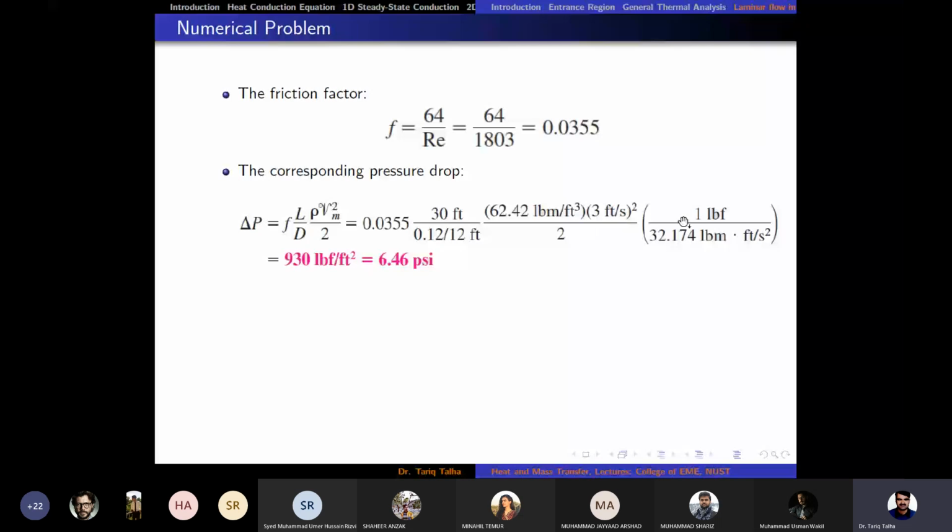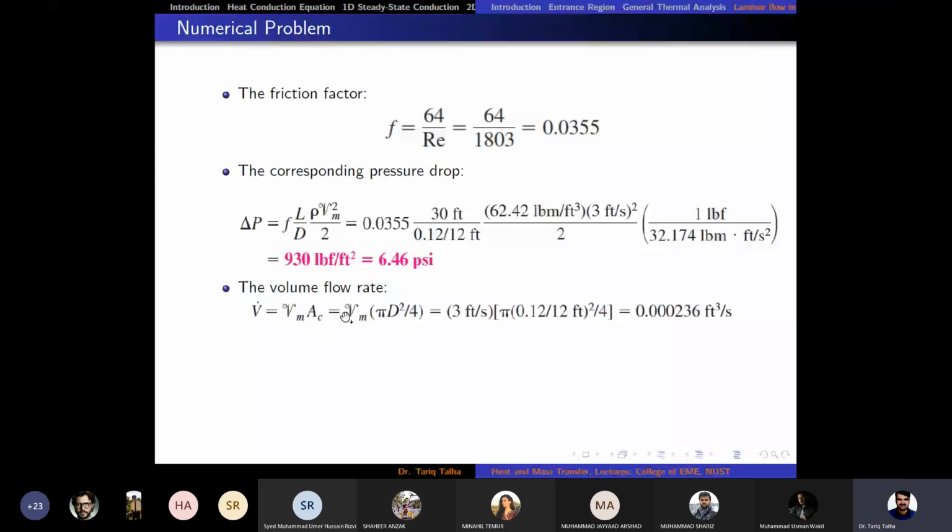Then we convert pound mass per feet squared into pound force by dividing by 32.174. So we get the value 6.46, 930 pound force per feet squared. If we want it in psi, we need to divide it again by 144, and then we get 6.46. Then the volume flow rate, Vm times Ac.